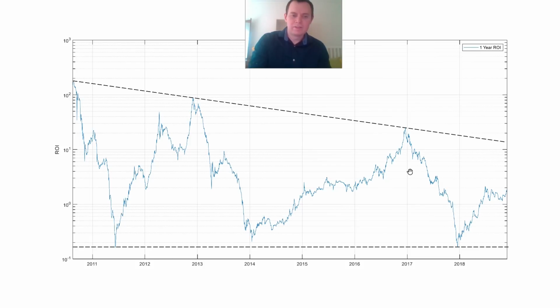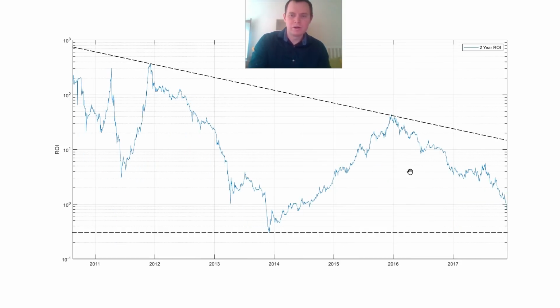So let's jump into the 2 year ROI. So what would your expected return be holding on for 2 years or more? In this case, you can see our support level, which we've only actually hit once. So it's not really a support level, it's just the lowest point on the graph, which is about 0.3. So it's better than what we saw on the last slide, between 0.1 and 0.2.